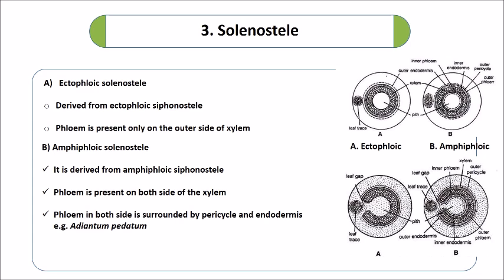Here in these pictures, these are ectophloic and amphiphloic Siphonostele, and these are ectophloic and amphiphloic Solenostele. The only difference is the leaf gap present in ectophloic and amphiphloic Solenostele. All the other things are as such as in ectophloic and amphiphloic Siphonostele. The examples you can remember are Adiantum pedatum.